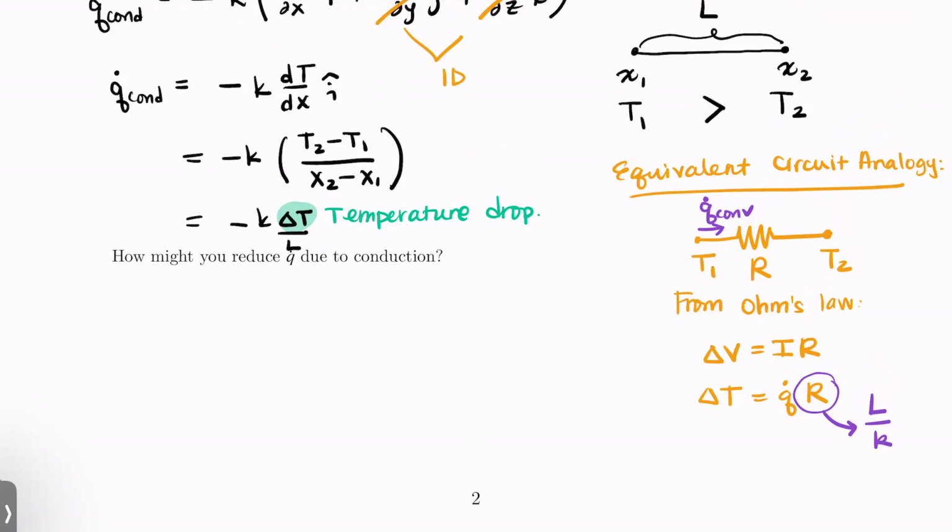Yeah, delta T gets smaller, right? What else? There's something in the denominator. Wouldn't K get big? No, smaller. Yep, smaller K. So choose a material with smaller K.